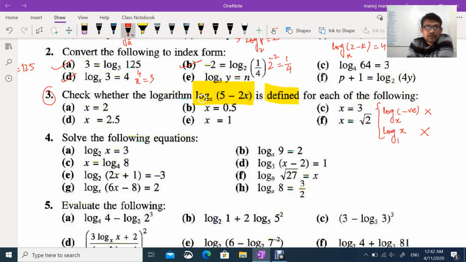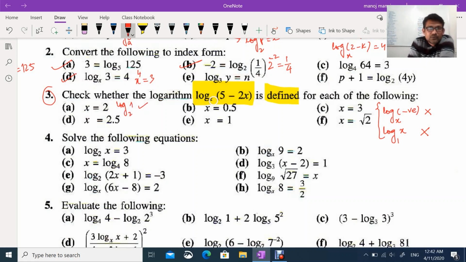Okay. This question, x is 2. When I simplify this, when I put the value 2 here, so what's the result? Log 2 of 5 minus 2 to the 4. So 5 minus 4 is 1. This is defined, there is no problem, this is positive.